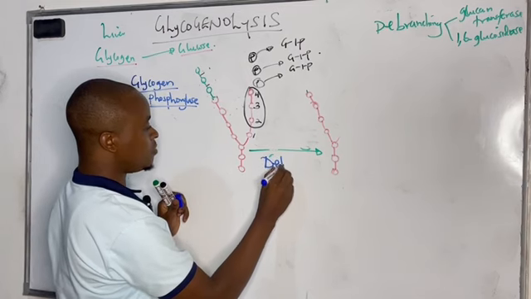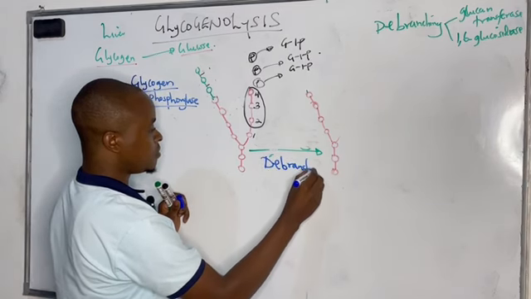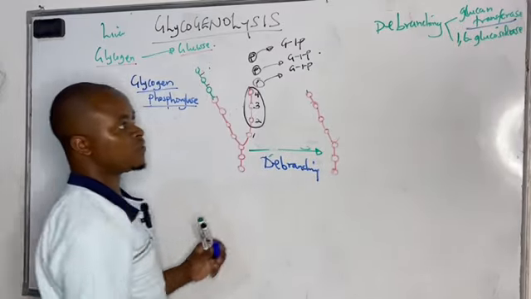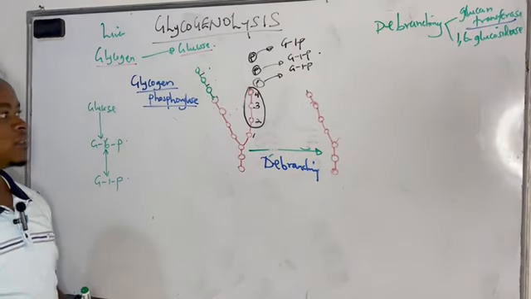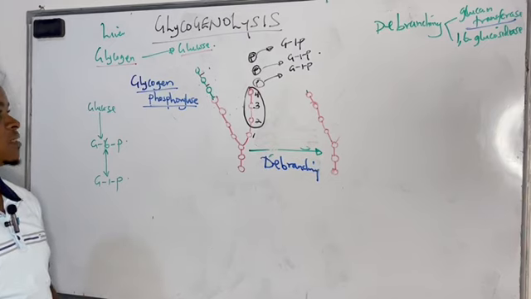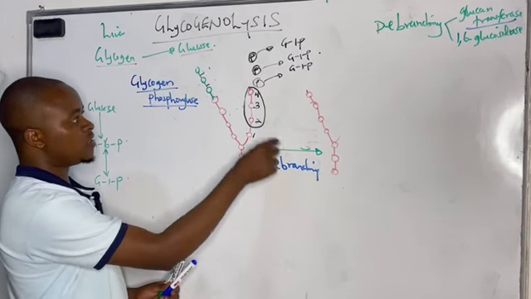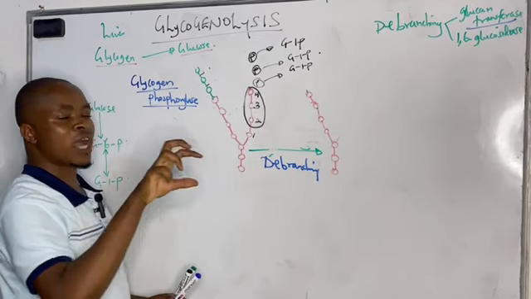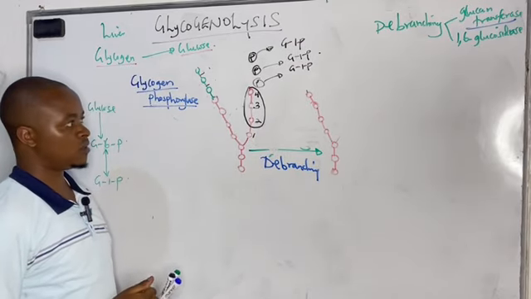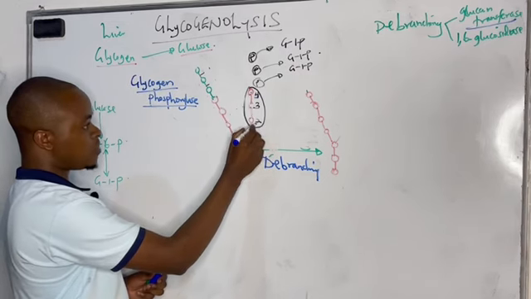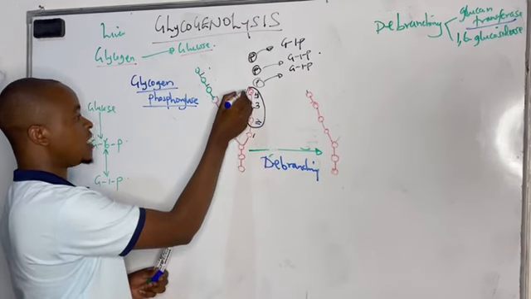The first debranching enzyme is glucan transferase, which comes and picks the 3. Glucan means 3 molecules. It picks 3 molecules of glucose from carbon number 4 to carbon number 2, and it transfers them.